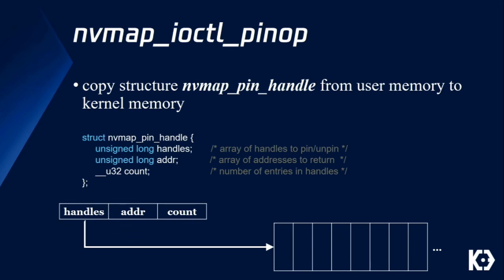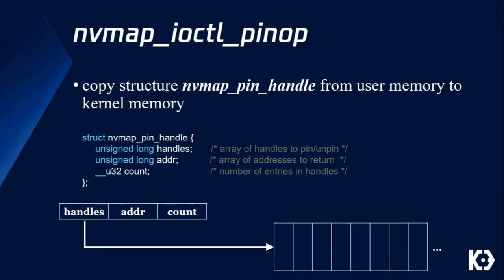And the function nvmap_ioctl_pinop will copy these structures from user memory to kernel memory. In this structure, the pointer handles points to an array of nvmap_handle structures.